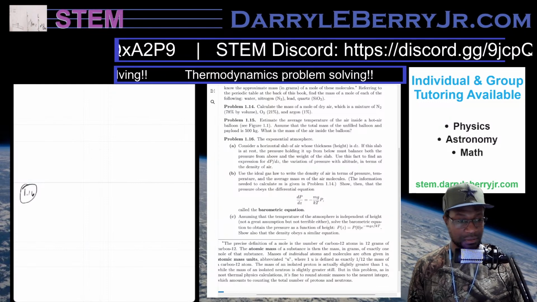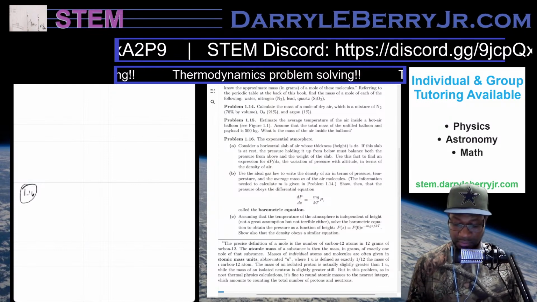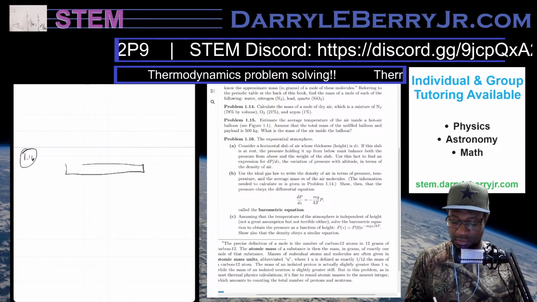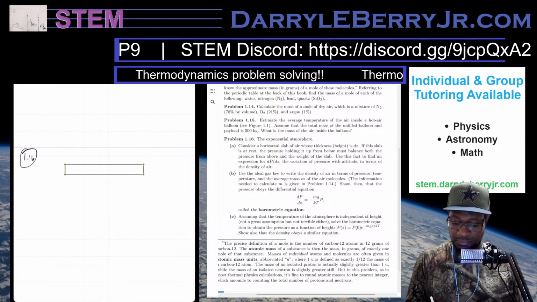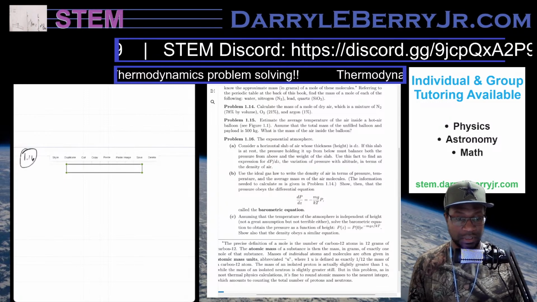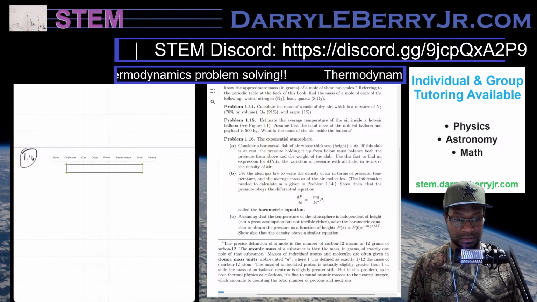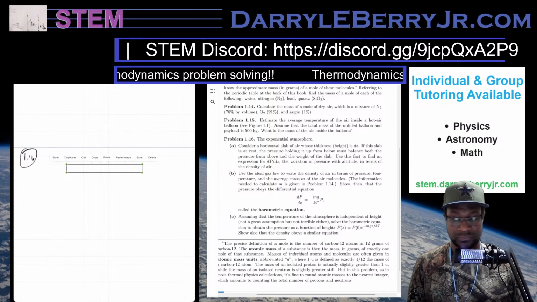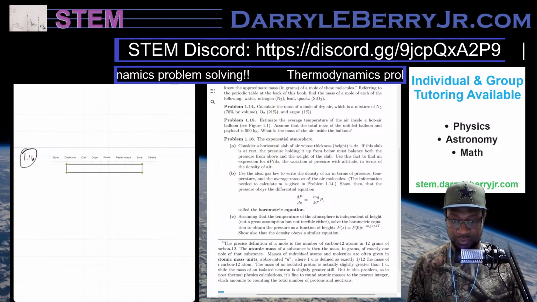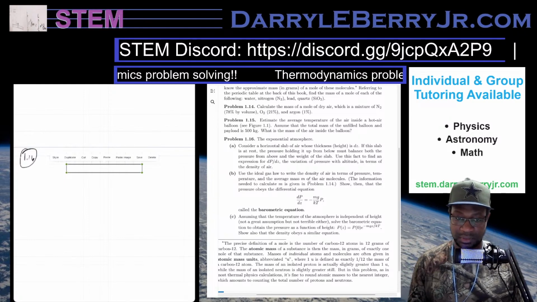Looks like we'll do the drawing here. We have a slab of air, and one of the key things to consider in this problem, I give a few hints in the way they word it.